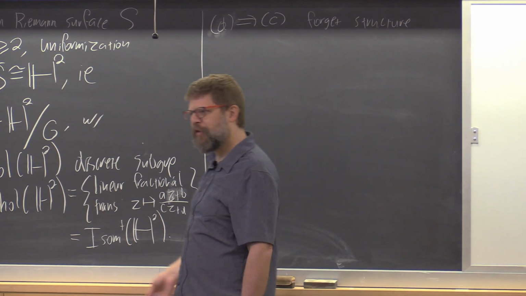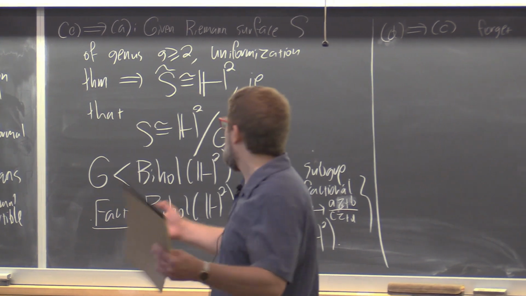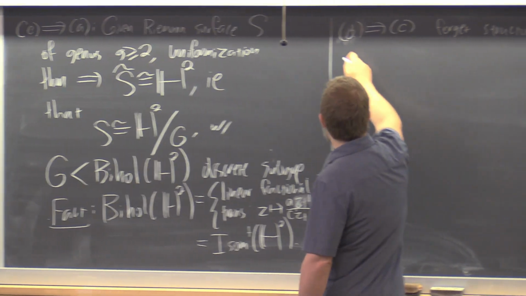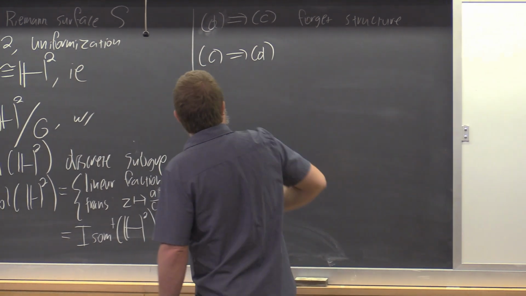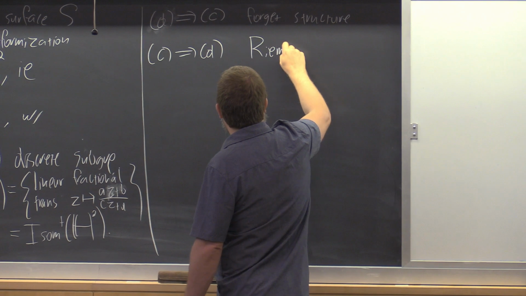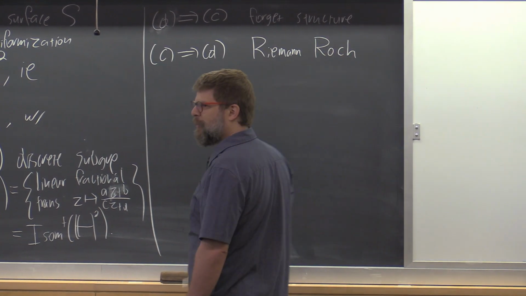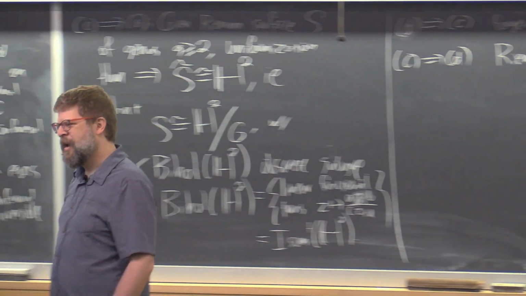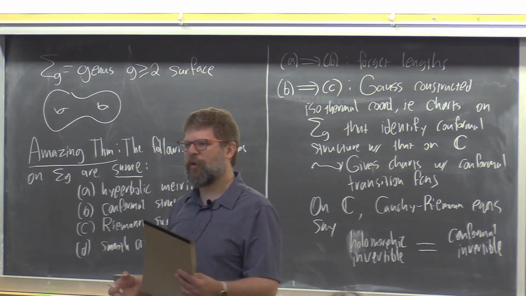The first examples you learn are Riemann surfaces, algebra. Going from C to D, there's a lot of ways to do it. You can prove it using Riemann-Roch, plus some work to show that it actually is isomorphic to an algebraic curve.